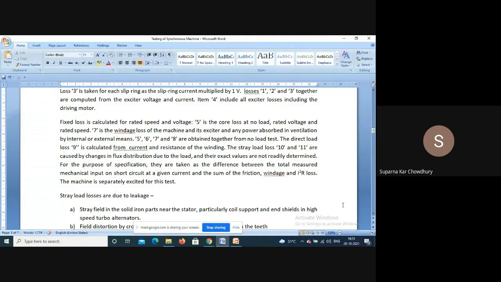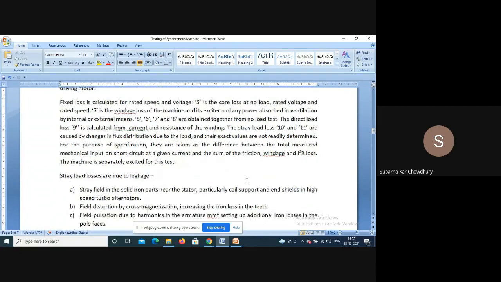Now windage, bearing friction loss and I square R loss can be calculated knowing R already measured by DC and voltmeter ammeter, knowing the current, and windage bearing friction loss can be separated from open circuit data. So the summation of these should be supplied, but there is always a slight difference between the mechanical input during short circuit and the summation of these losses. That portion is attributed to stray load loss. Actually, it includes a very small amount of core loss also under short circuit condition.